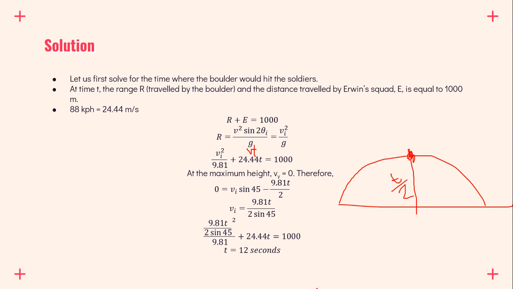So simplifying the formulas, we have 9.81 t squared over 2 times sine 45 all over 9.81 plus 24.44 t, which is equal to 1000. So the time is equal to 12 seconds. So that means at 12 seconds, the boulder will hit the soldiers.